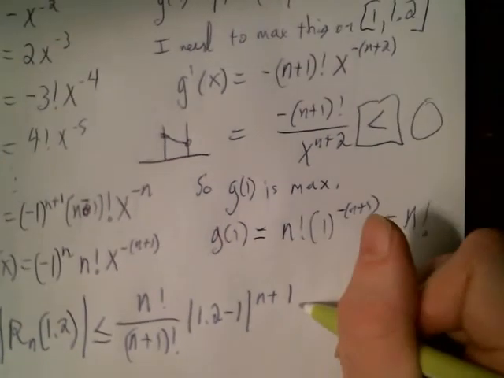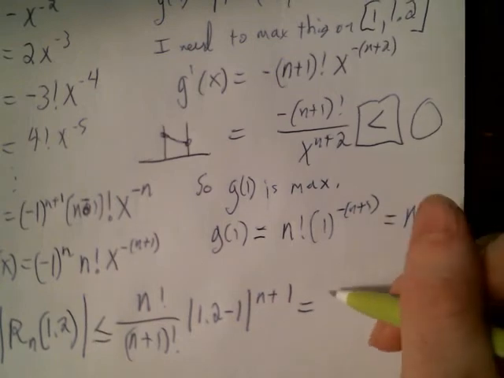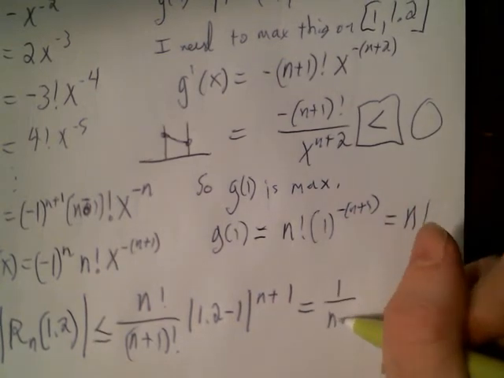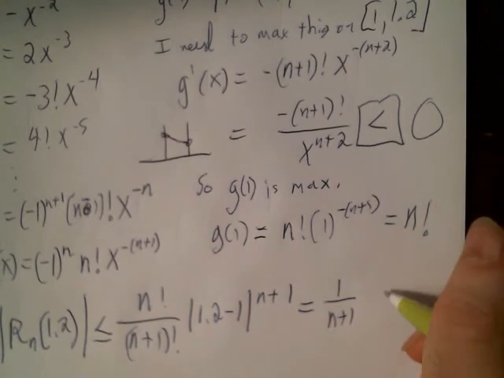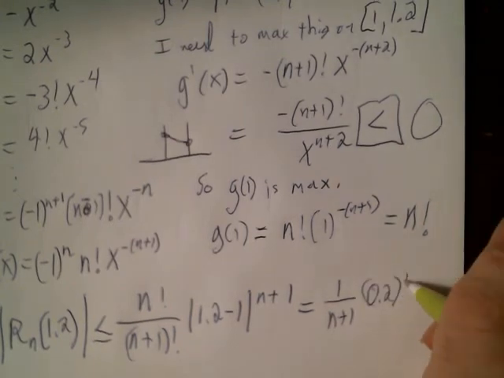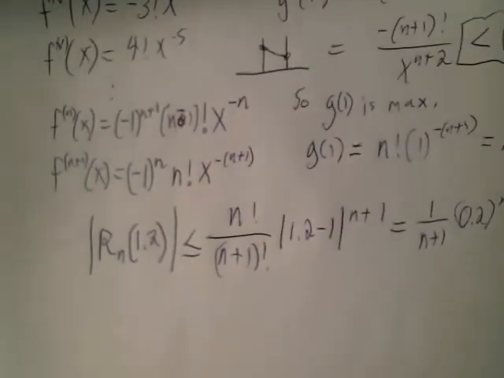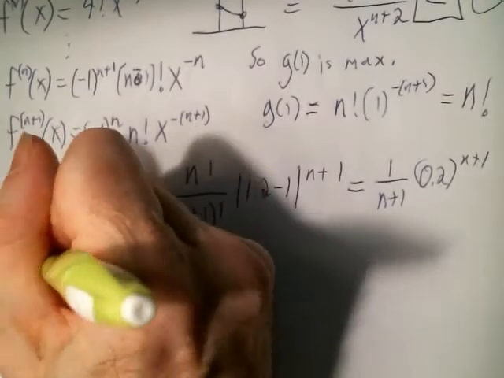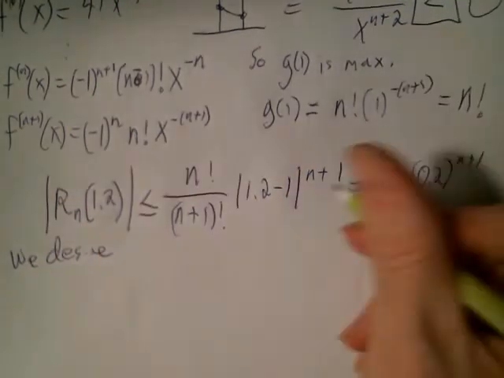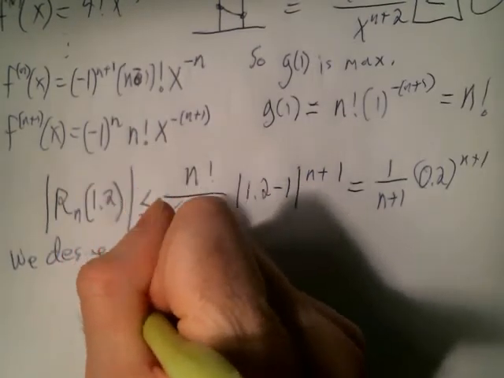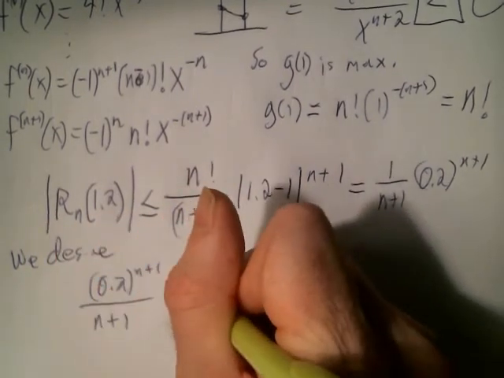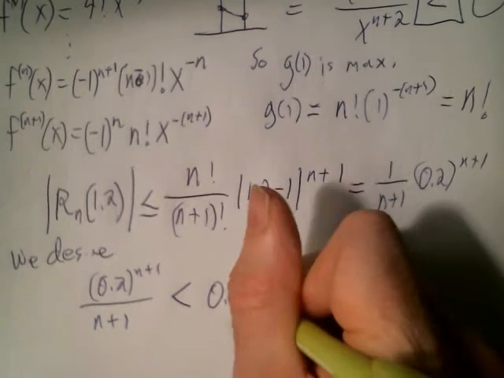So let's first clean it up. n factorial all over n plus 1 factorial is the same as 1 all over n plus 1. 1.2 minus 1 is 0.2. And finally, we desire this expression, 0.2 to the n plus 1 all over n plus 1, to be less than 0.001.